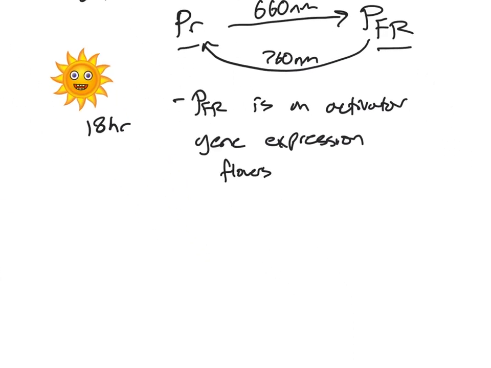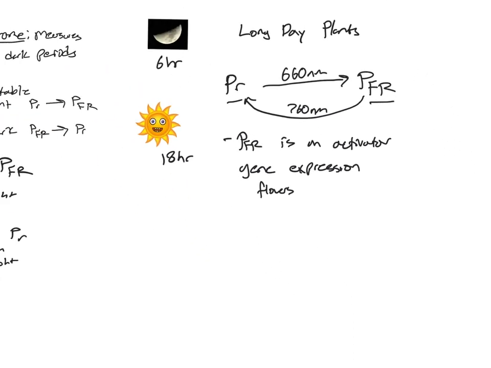The short day plants is kind of a little bit of the opposite, where instead of the PFR being an activator, the PFR in this case is an inhibitor. So let's draw this one out as well.